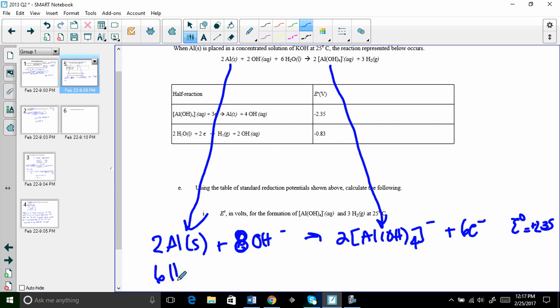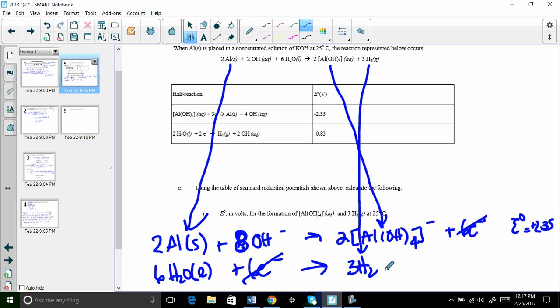So I have 6 H2O liquid plus 6 electrons, which is great because we need those to cancel, goes to 3 H2, which is great because we need a 3 on that side, plus 6 OH minus, since we're tripling it. Even though I triple it, I just leave the voltage alone. So E naught is negative 0.83 volts.